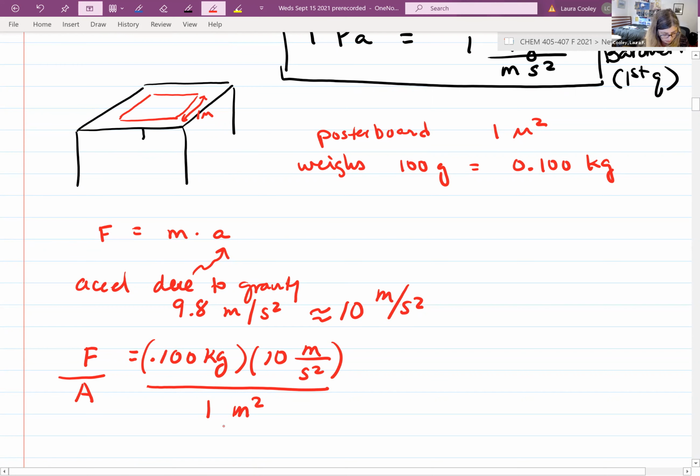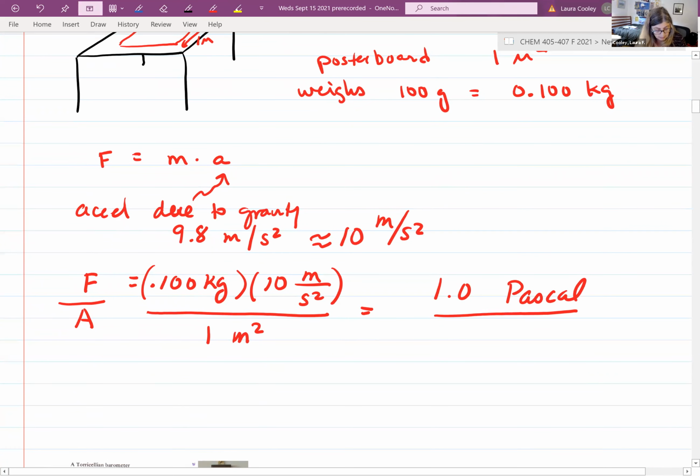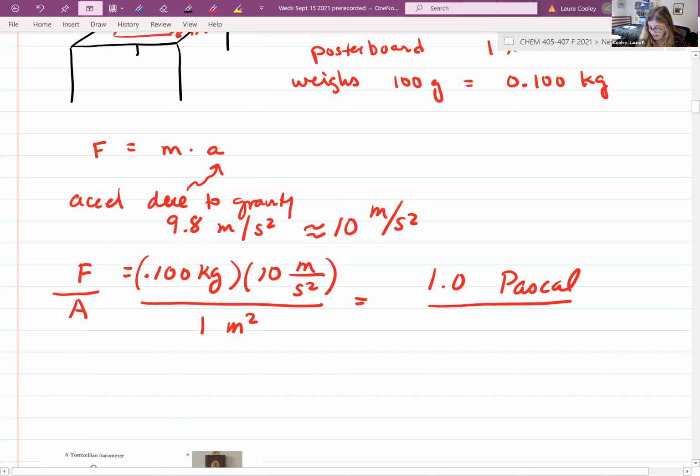And so 0.1 times 10 basically is 1. I'm not paying much attention to sig figs here. 1 Pascal. So if you want to understand what a Pascal is, just think about a 100-gram poster board on a table exerting that downward pressure due to gravity. And that pressure is 1 Pascal.